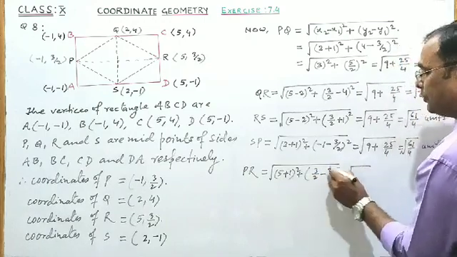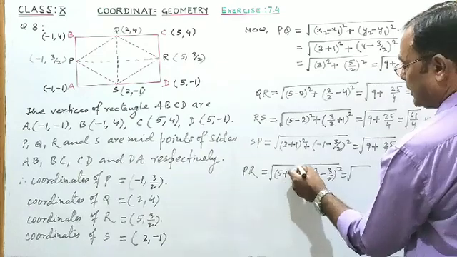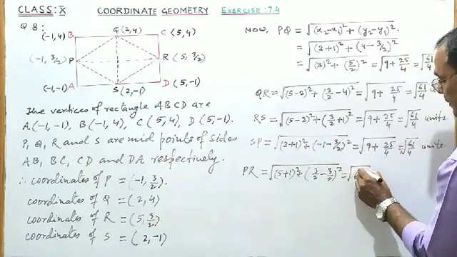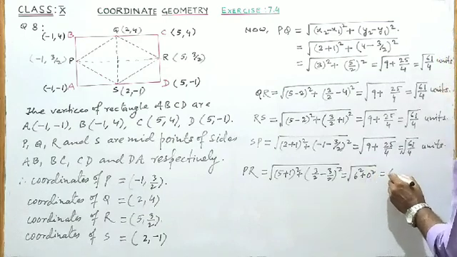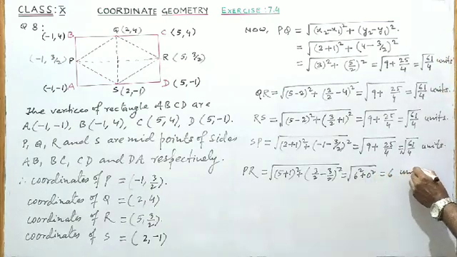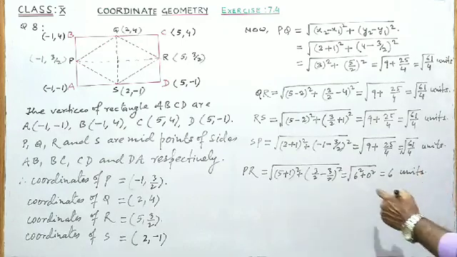This is equal to 6 square plus 0 square. So it is ultimately 6 units.